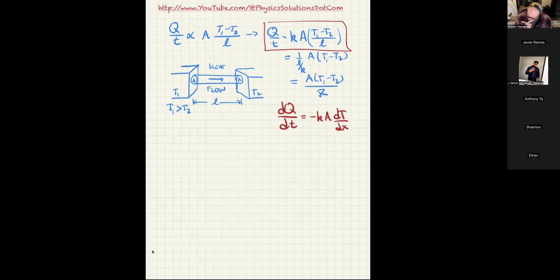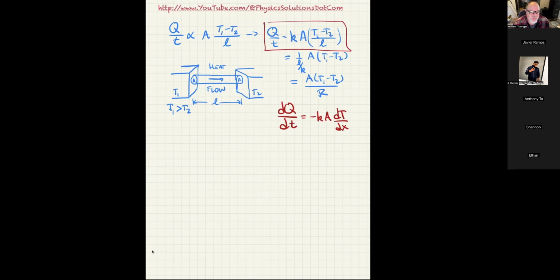They're saying negative here because as the temperature gradient decreases, you actually get more heat going through it, or something along those lines. The main thing is we're going to use Q over t equals k A (T1 minus T2) over L.